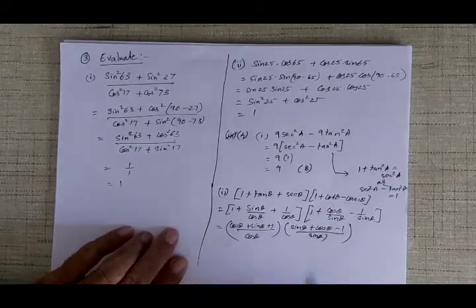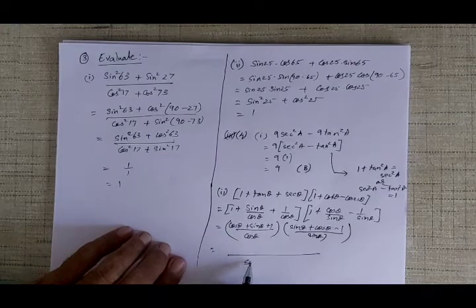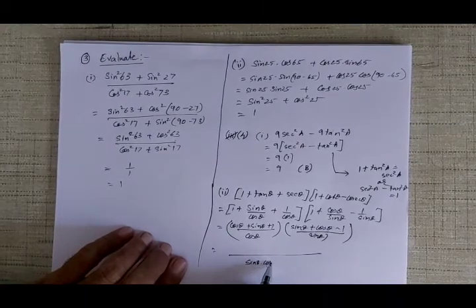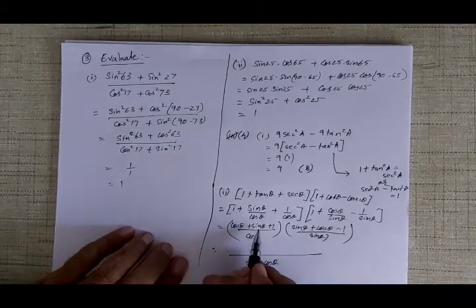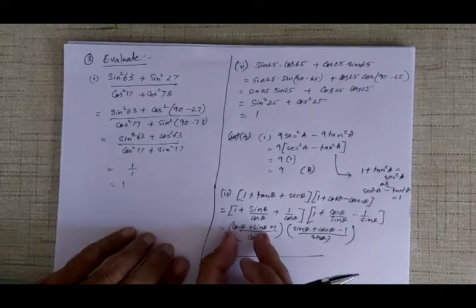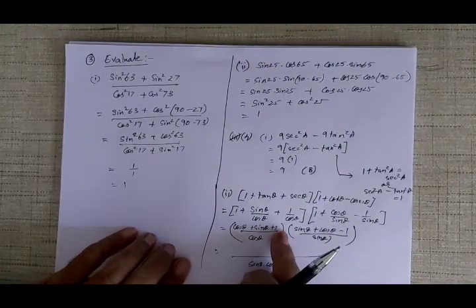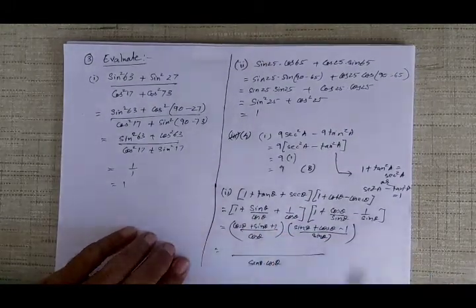Now again you can see the denominator is sine theta into cos theta, as LCM. This is cos theta plus sine theta plus 1, and cos theta plus sine theta minus 1. Let cos theta plus sine theta be A. So you get A plus 1 into A minus 1, that is A square minus 1 square.